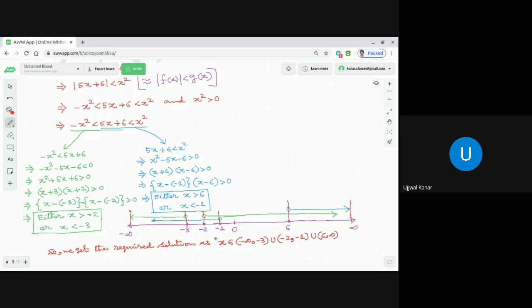And this is the final solution to the given inequation.